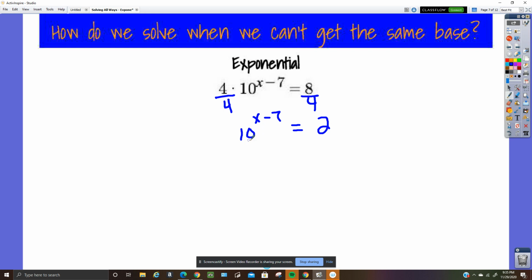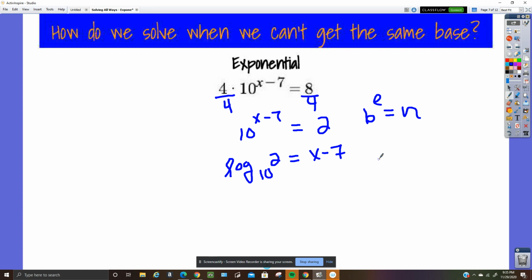Since this is base 10, you change this to the equivalent log form. So you get log base 10 of 2 equals x minus 7. This is in base exponent number form, and you want to change it to the other form.